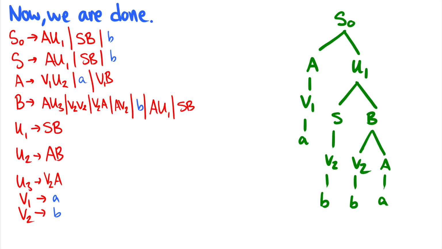This is not necessarily the same as I had it before, so we got rid of this V2. So this is just ternary branching, we got rid of this V1. This is just unary branching. But now we have a nice binary branching structure that either sends a variable to two variables or a variable to a terminal. So that is Chomsky normal form.